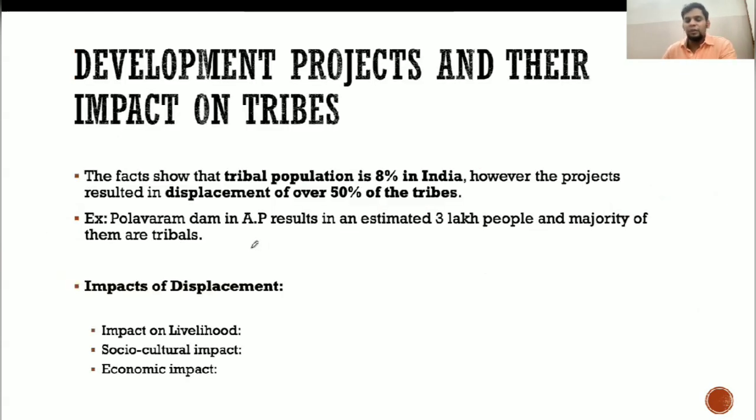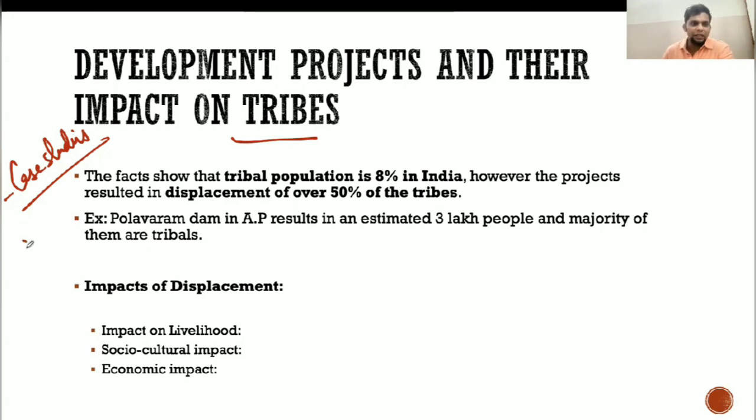Right. The next important area I would say is development projects and their impact on tribals. Even in these questions, always try to mention as many case studies as possible, and show the magnitude of the issue.